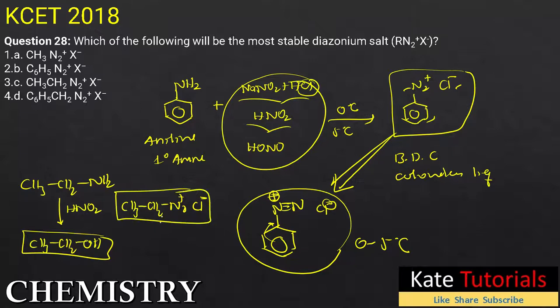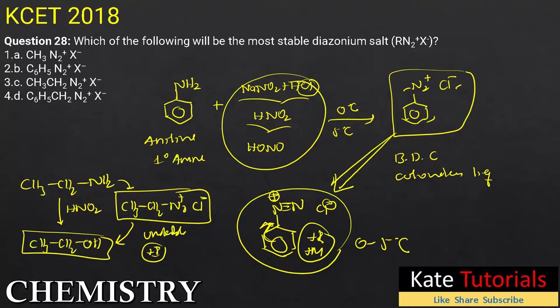This intermediate will be there, but it will be unstable. Why is it unstable? Because here there is no resonance stabilization as in benzene. In benzene, resonance plus R effect or plus M effect stabilization happens. Here there is no plus R or plus M, only plus I effect, inductive. So it is unstable. Directly we will get alcohol.